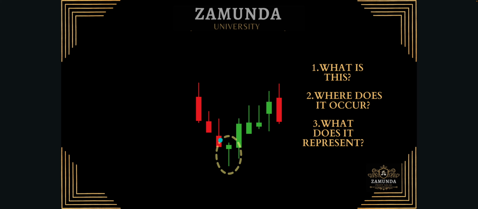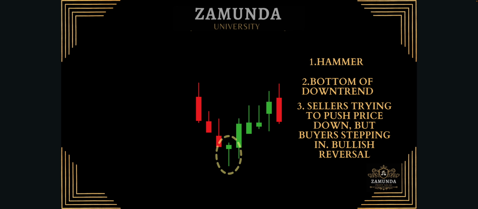So this candle right here, I want you to tell me what it is, where does it occur, and what does it represent? So this is a hammer that occurs at the bottom of a downtrend. It represents sellers trying to push price down, but buyers stepping in.